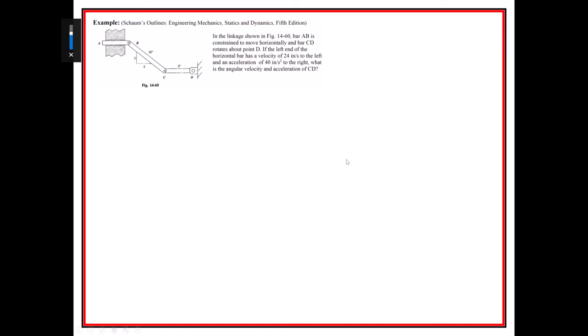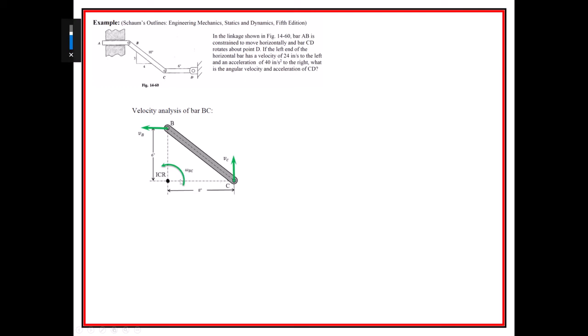So I have this worked out, written out, so we'll go through it and I'll narrate. We start out with a velocity analysis of bar BC, and using ICR, we're able to locate that ICR at the intersection of lines drawn perpendicular to those velocities at B and at C. And you'll note that the velocity of C has to be either up or down because of the arrangement of CD.